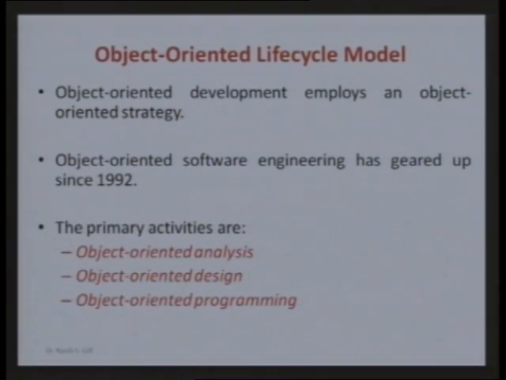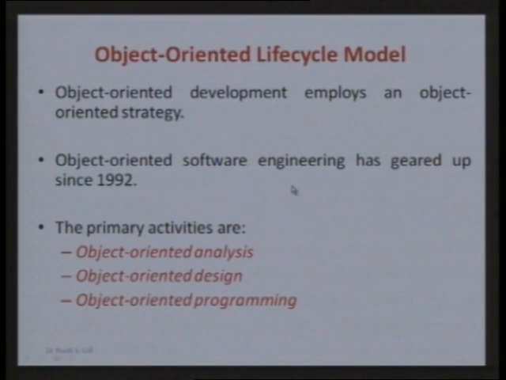Everyone is rushing after the adoption of object oriented languages, object oriented programming, object oriented designing. There could be many different analogies which are taken and addressed on that. So how do we define the different stages of our object oriented life cycle model?